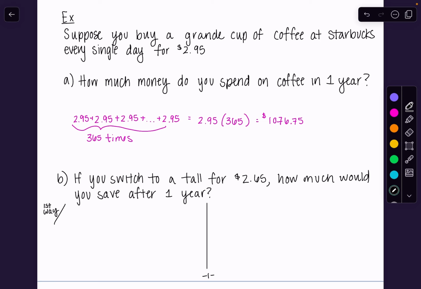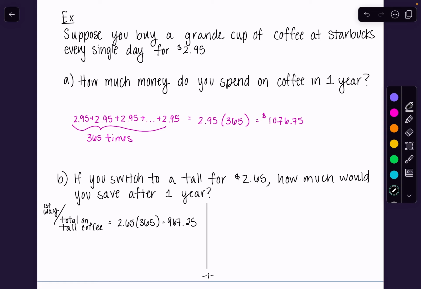I'm going to split this in half to show you two different ways. Our first way is the total we would spend on this tall coffee. We do the same thing. We're spending $2.65 for a total of 365 days. So we just multiply the two, and the amount we would spend in 1 year would be $967.25. Okay.